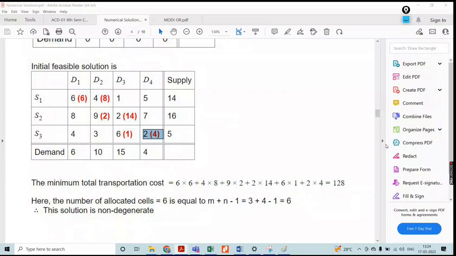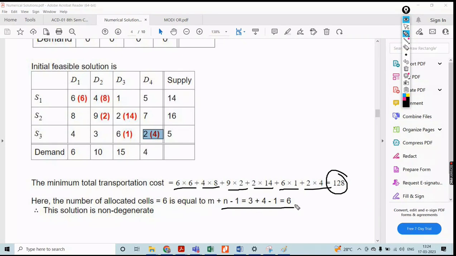Then you have to multiply with respect to that: 6 into 6, 4 into 8, 9 into 2, 2 into 14, then 6 into 1, 2 into 4. The total cost is how much? 128 rupees. Here 3 plus 4 minus 1 equals 6, so the solution is non-degenerate. Once you have this non-degenerate solution, then you are getting the optimal solution. If not, that is not the optimal solution from the evaluation point of view.